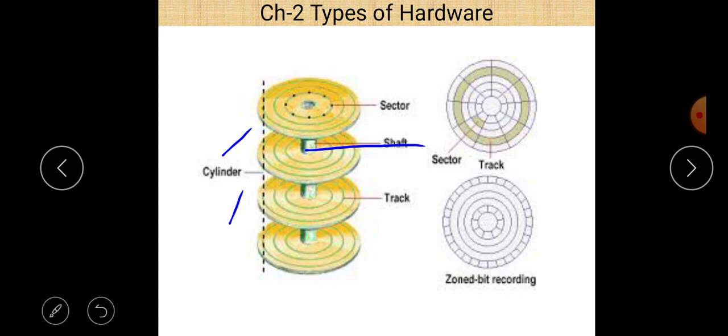You can also get a second cylinder, if you add the second track of the first platter, second track of the second platter, and second track of the third platter. So this is the diagram of a hard disk.